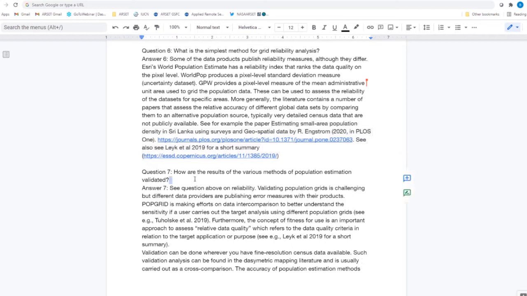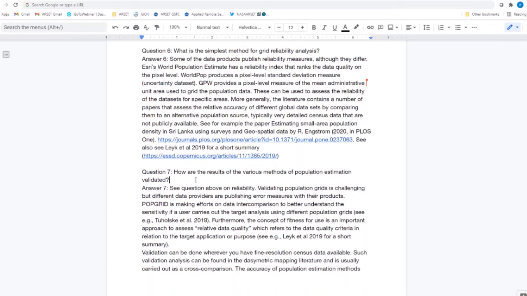And with the Esri reliability measure, it's a dimensionless index 1 to 10, and you can just use that as a relative measure of the reliability there. And then with WorldPop, they have a standard deviation. So you could even multiply your standard deviation by your population estimate, or simulate a 95% probability distribution of your estimate with WorldPop data, and see what your error bars are on that data.